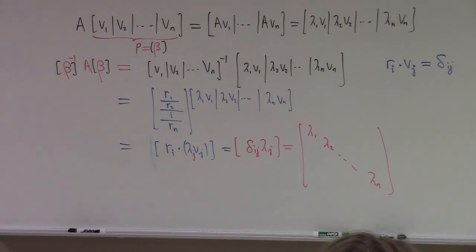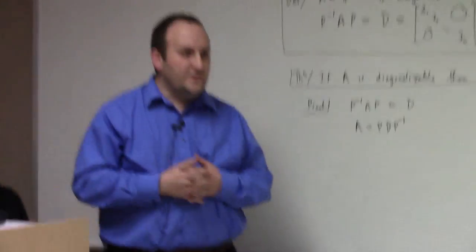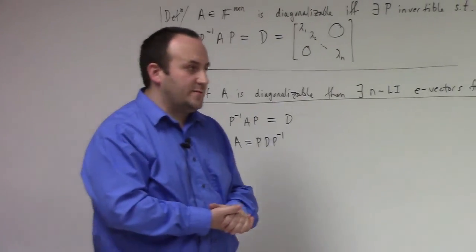Can anybody tell me, given the results we've already proved so far, especially last class, when could we be sure that we have an eigenbasis for a matrix?